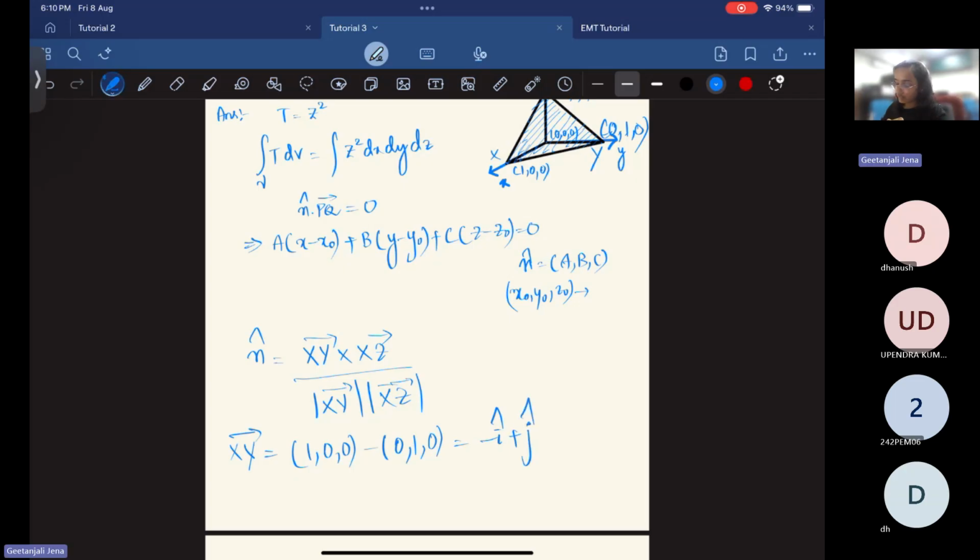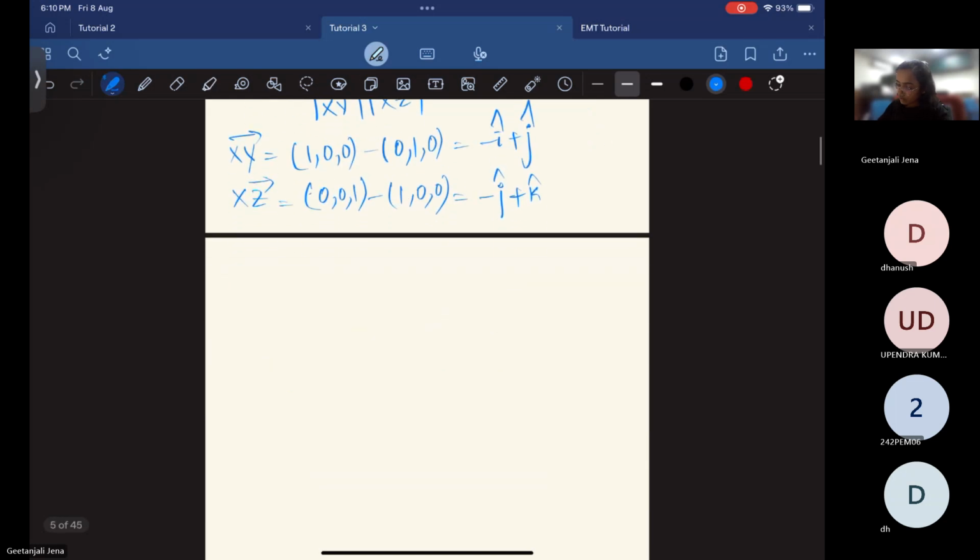Similarly, the other vector xz is 0, 0, 1 minus 1, 0, 0, so this will be minus i cap plus k cap. So the unit vector for this plane is minus i cap plus j cap cross minus i cap plus k cap, all divided by root 2.